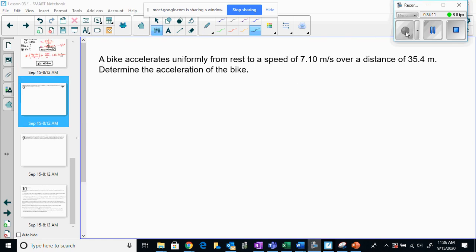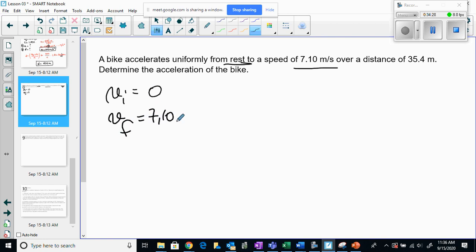Question, we have this question. A bike accelerates uniformly from rest to a speed of 7.10 at a distance of s. Initial velocity is equal to 0. Final velocity is 7.10 meters per second. Distance or displacement is 35.4 meters.